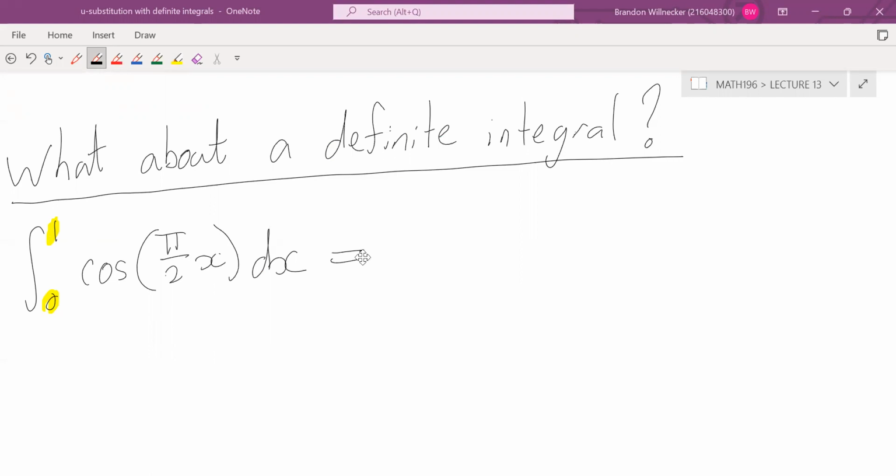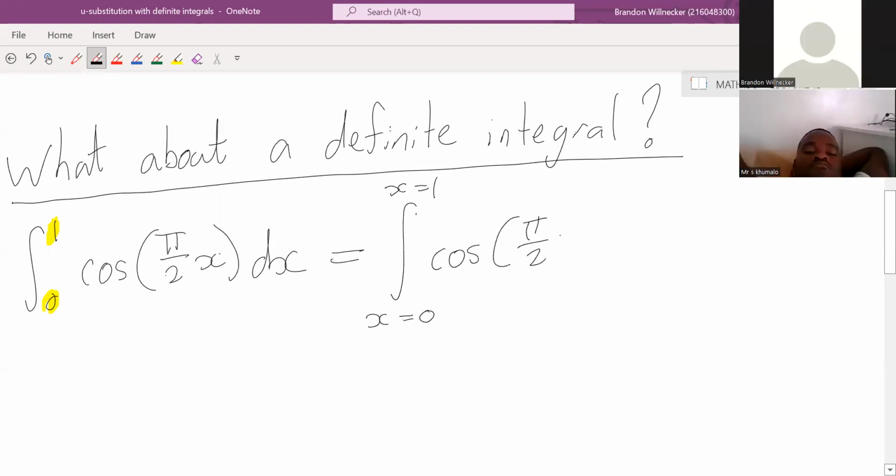Remember that the lower bound and the upper bound are x values. They're x variables. So at the bottom, we have the integral from x equals 0 up to x equals 1, of cos(pi/2 times x) dx.